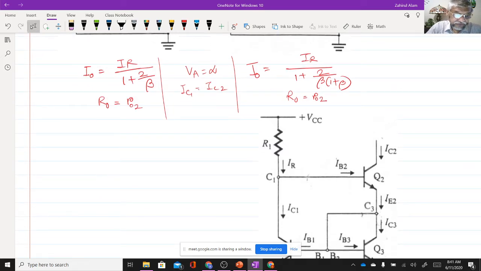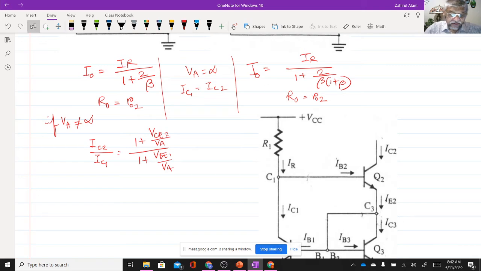But if VA is not equal to infinity, then IC1 is not equal to IC2. Then we can find the relation between IC2 over IC1, which we derived as 1 plus VCE2 divided by VA, also 1 plus VBE1 over VA. That is for the single transistor.